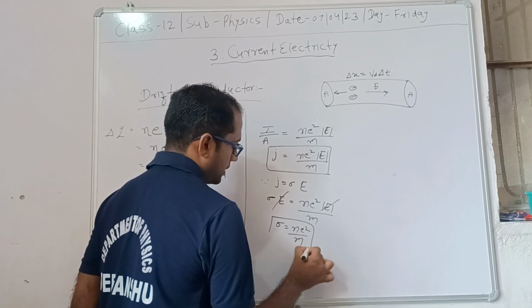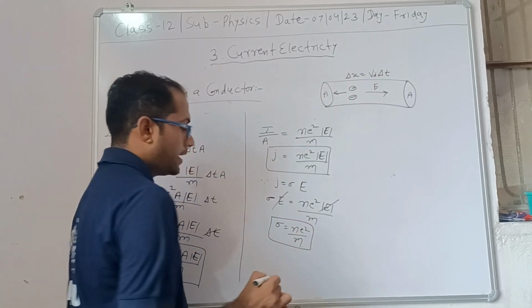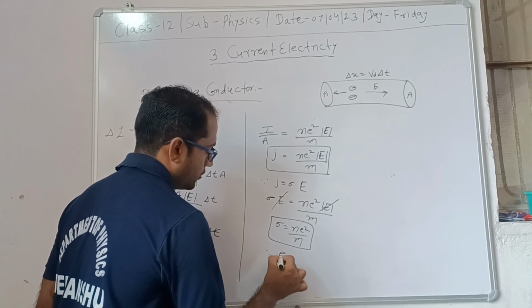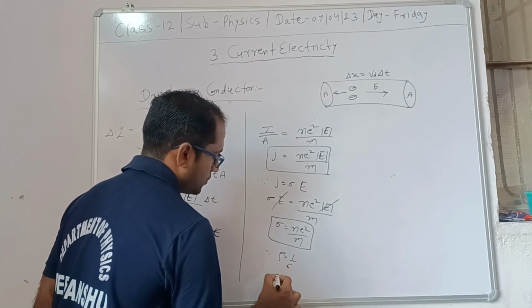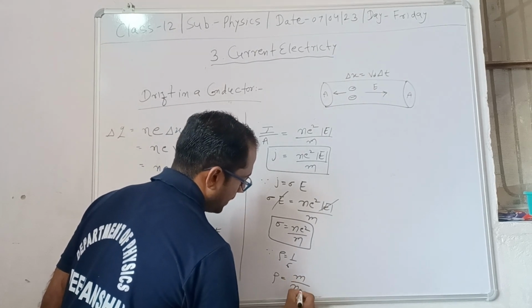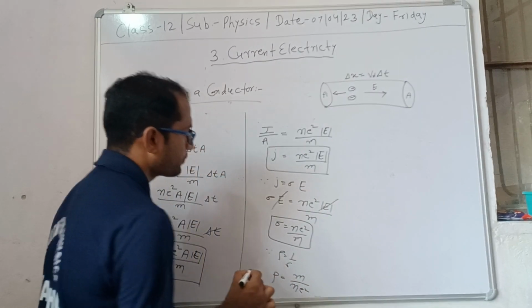This is the conductivity of the conductor. And if we want to find the resistivity, because we know that rho is equal to 1 upon sigma, so rho is equal to m upon n e squared.